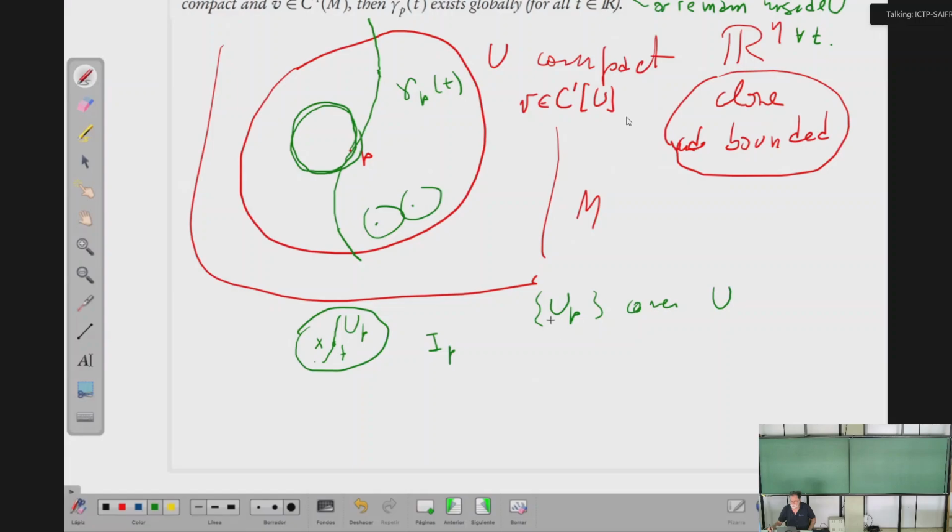So for every point I have this, but I know that since U is compact, there will be a finite cover UP of I, so there will be some points here, I, J, 1, 2, 3, etc., that will cover this with a finite number, right? So I can take that cover, and that cover what it says.